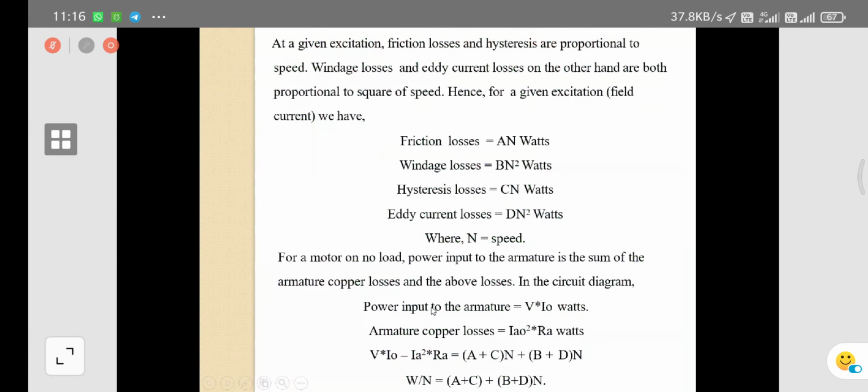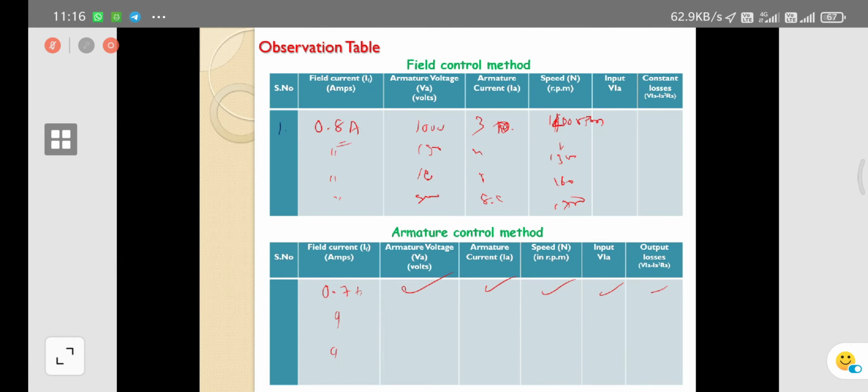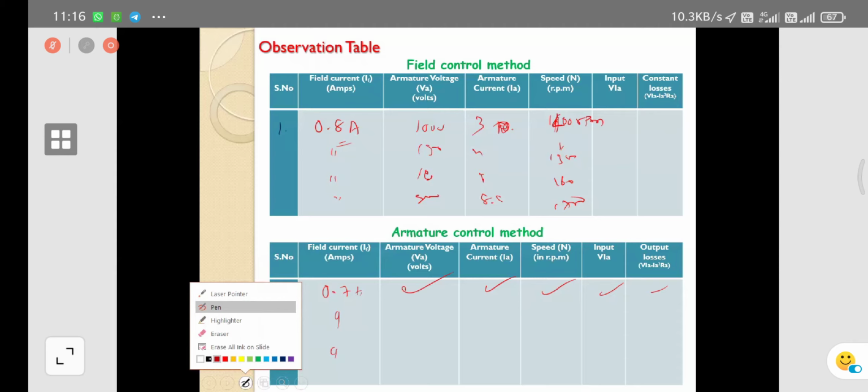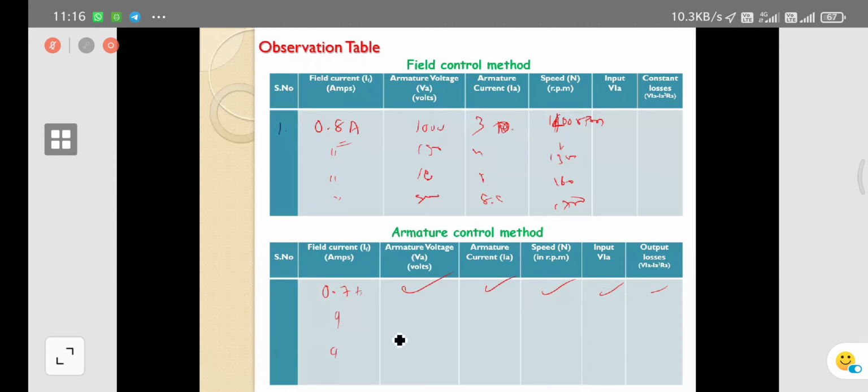Now coming to this point, the suppression of losses.